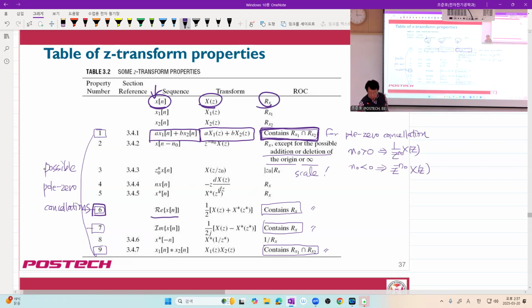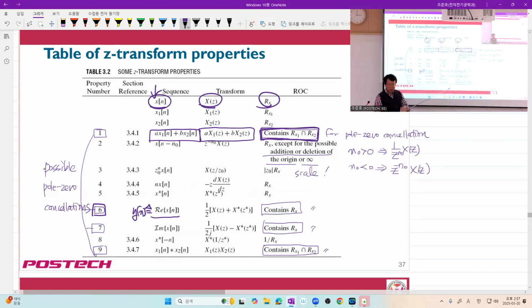So, real part is a real valued signal. Let's say this is Y. Now, the question is, find the Z transform of Y in terms of the Z transform of X and its region of convergence.